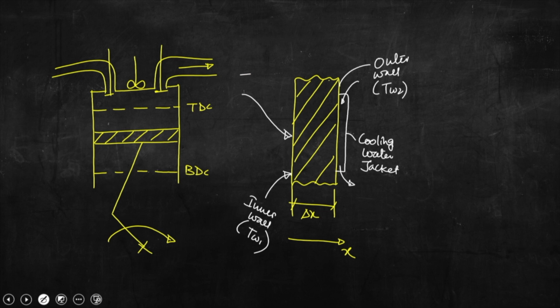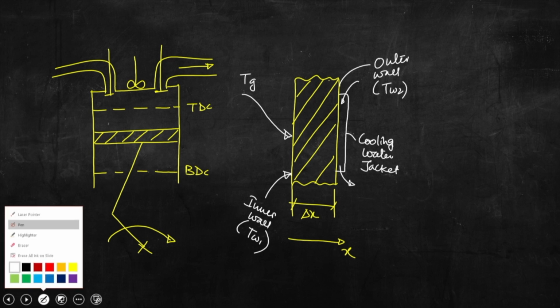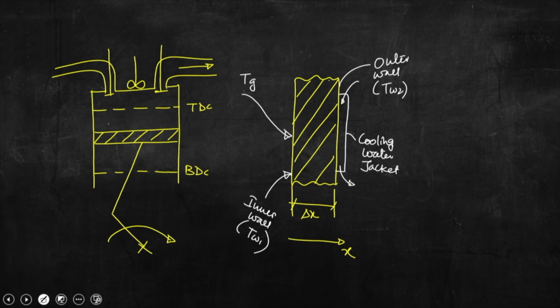And this is the temperature of the gas, Tg. So, we have taken only this part to show the cylinder wall arrangement. Now, this is the combustion space.